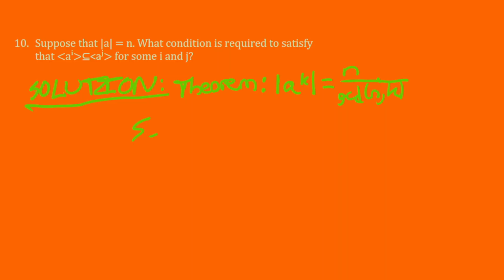So we have the order of a^i equals n over the greatest common divisor of n and i, and the order of a^j equals n over the greatest common divisor of n and j.